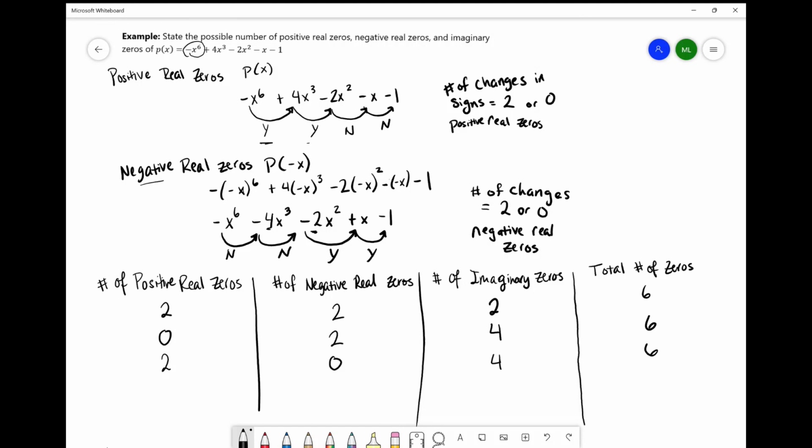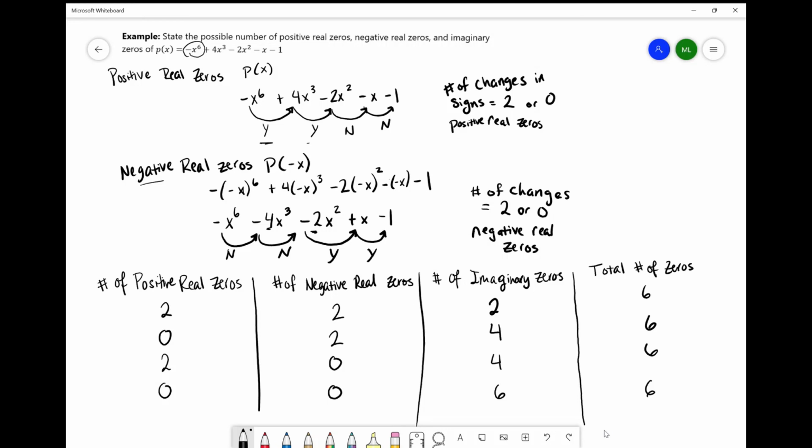Now, let's do it for 0 positive real zeros, and this time 0 negative real zeros, because that was a possibility. If I had 0 of each, then how many imaginaries do I have left? I have to have 6 imaginary zeros, because I still need a total number of 6 zeros.